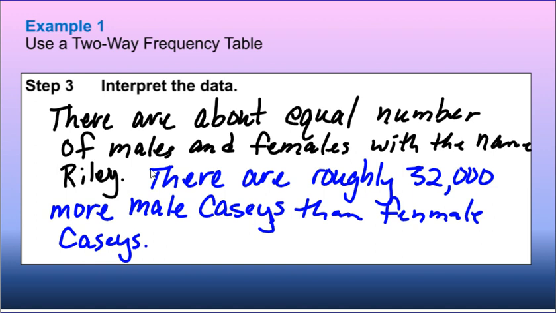Or you could have just said that there were more male Caseys than female Caseys. But that would just give you a general idea of how you can interpret the data.